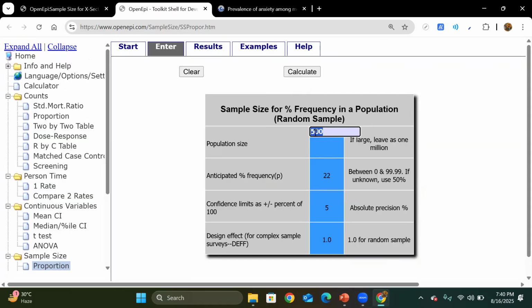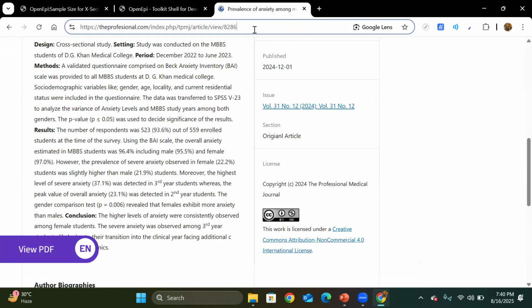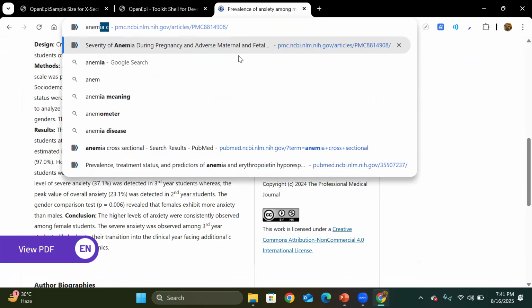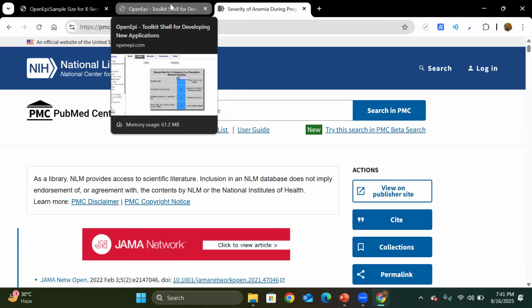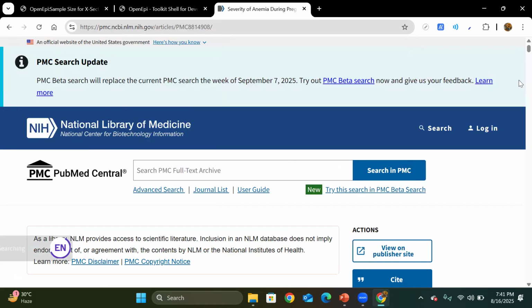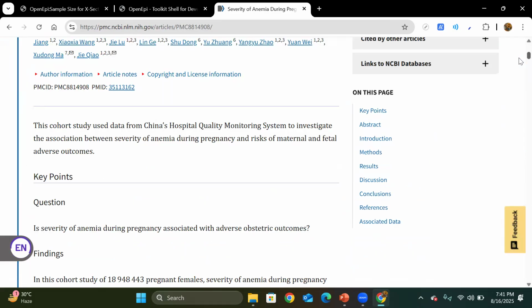Suppose I am conducting a cross-sectional study on patients presenting in the medical OPD, a study on anemia in pregnant females. I am doing research on pregnant women presenting in the gynae OPD and how many have anemia.